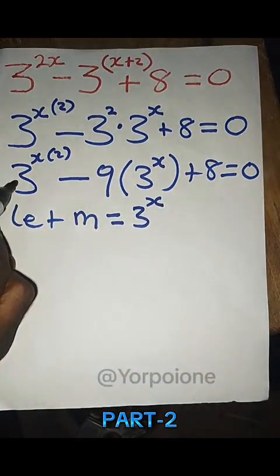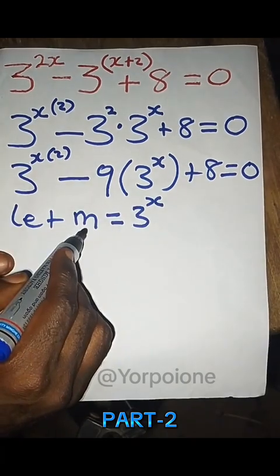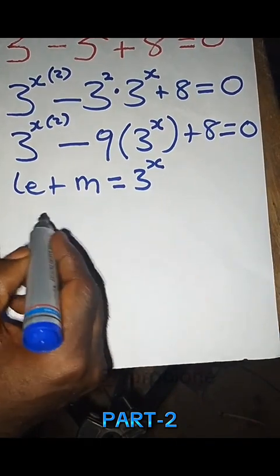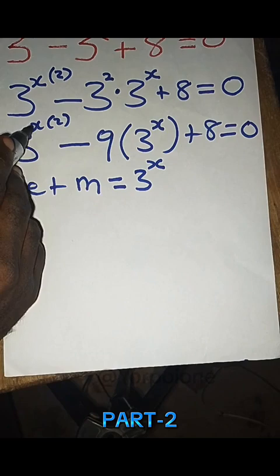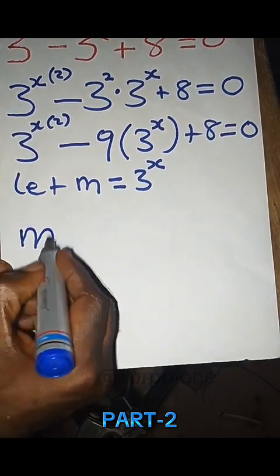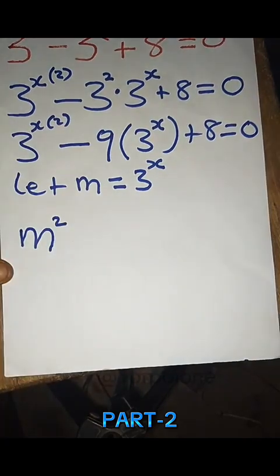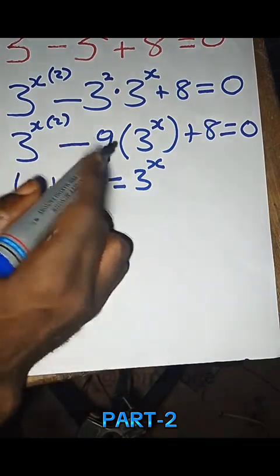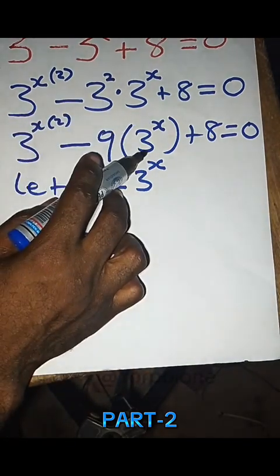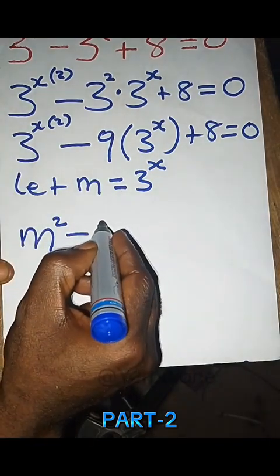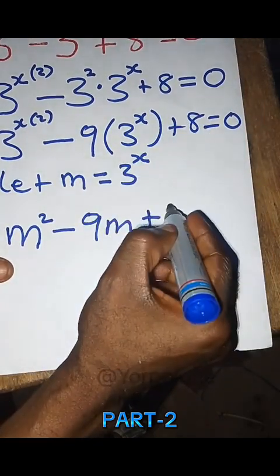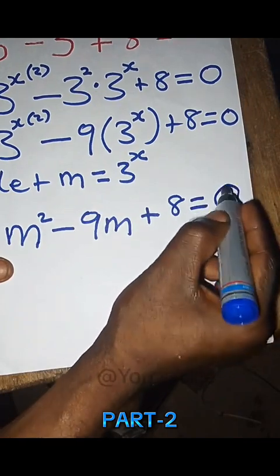Anywhere you see 3 to the power x, you are now replacing it with m. So now we have m, and don't forget to have the square here: m square minus, of course, 3 to the power x has changed to m, so 9 times m, that is 9m, plus 8 is equal to 0.